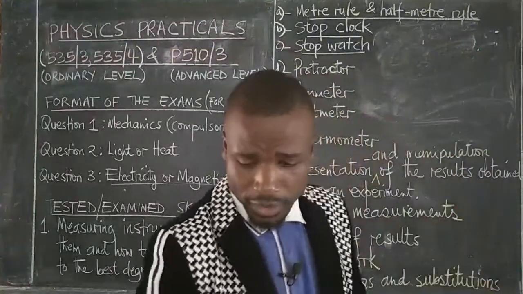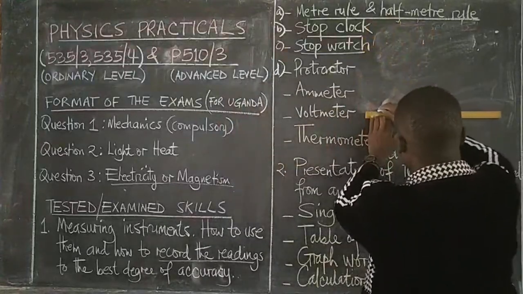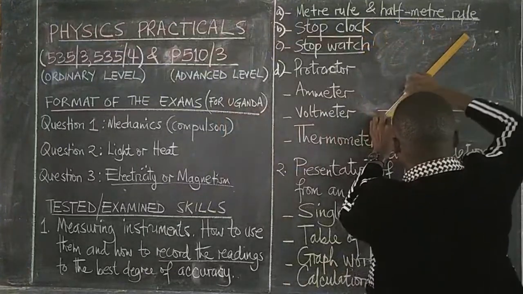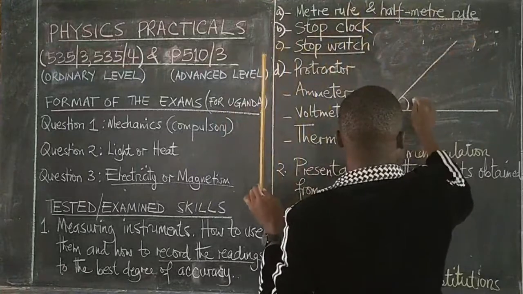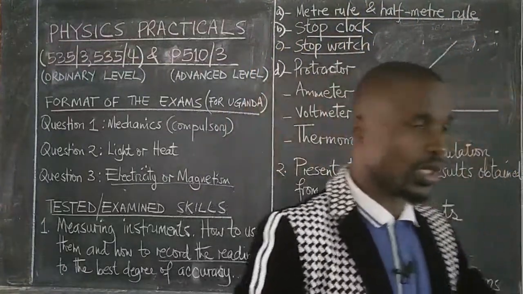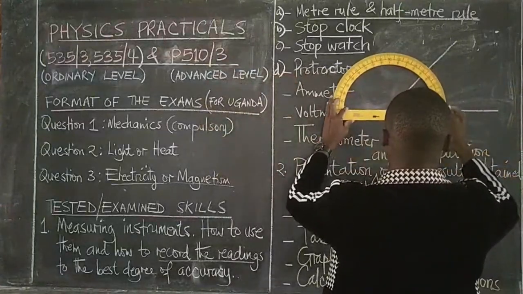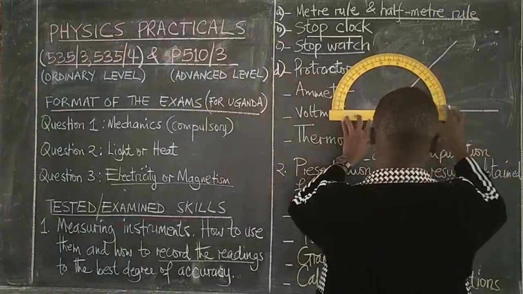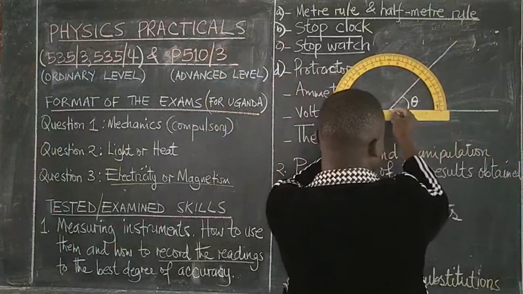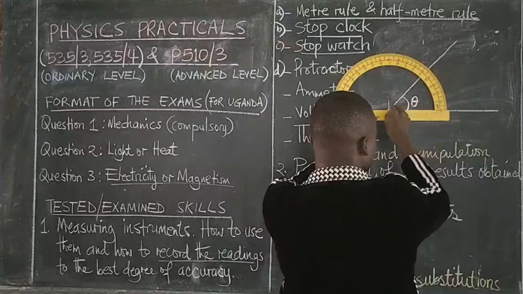By the way, before I cross over, just assume I have a line here and another line here, and I would like to measure the angle theta between them. What you do is press your protractor. Make sure that the line that passes through 0 and 180 and the reference point are placed where the two lines intersect.